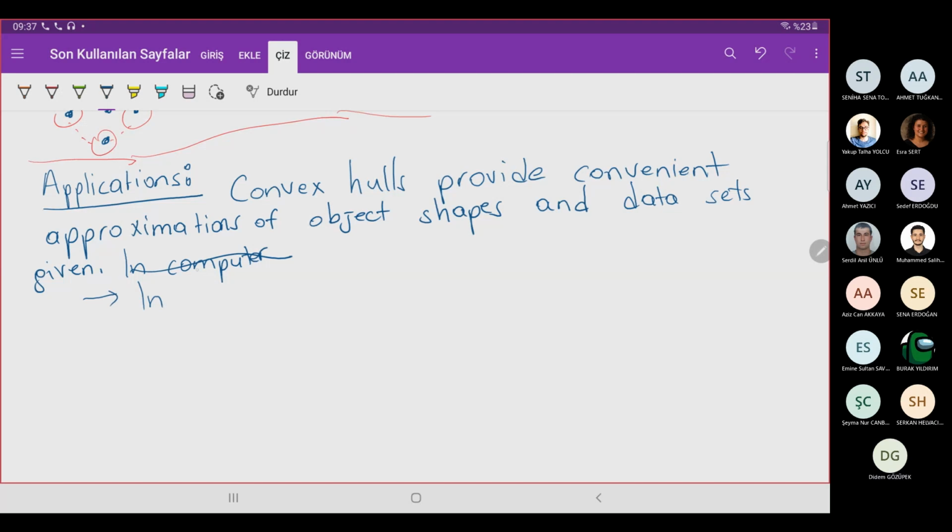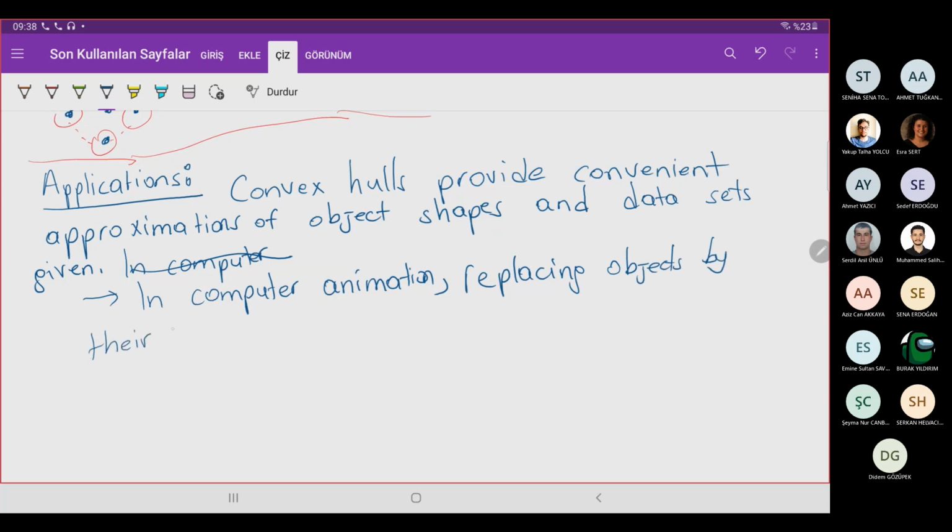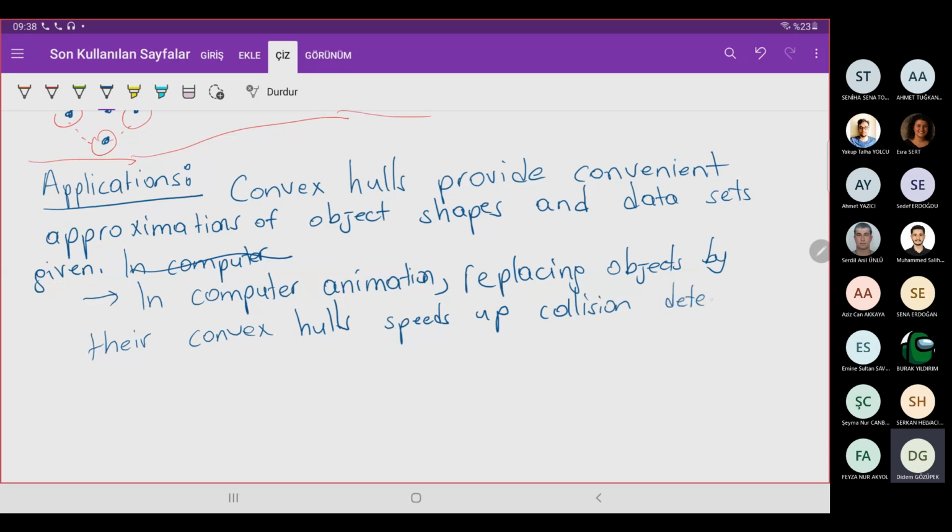Let me give it to you as an example here. This is similar to the example that your friend has given, but for computer animation.